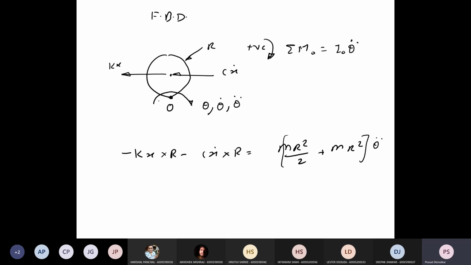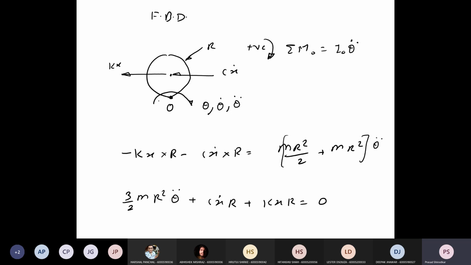Alright, or I can write 3 by 2 Mr square theta double dot plus Cx dot into R plus Kx into R is equal to 0.